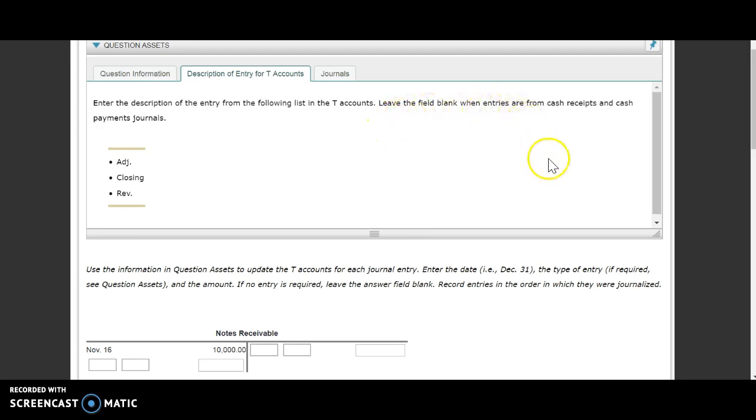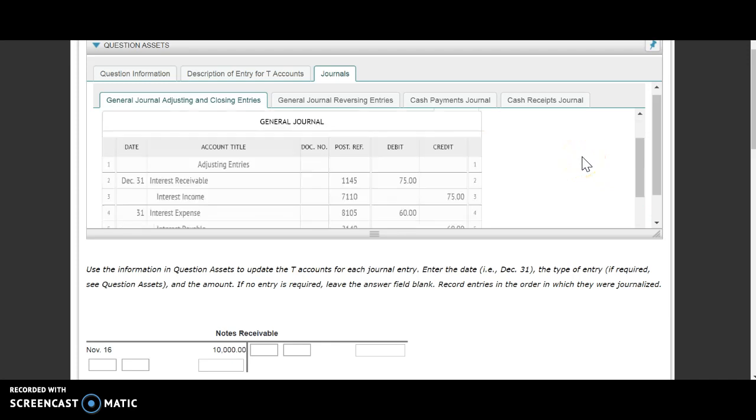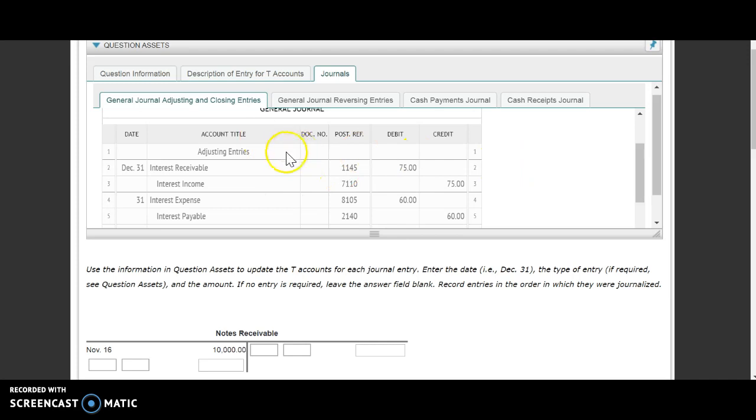Leave the field blank when entries are from cash receipts and cash payments journals. So it says adjusting, closing, or this would be reversing. Okay. And then here they have our journals for us. So here's where we're going to be looking to get most of our information.